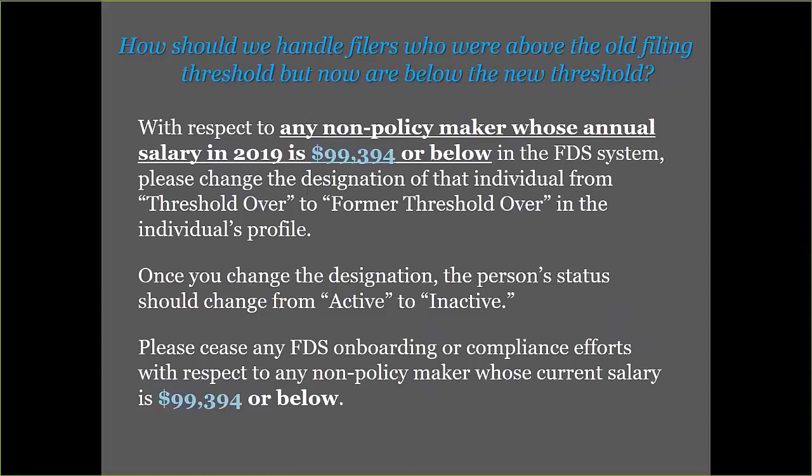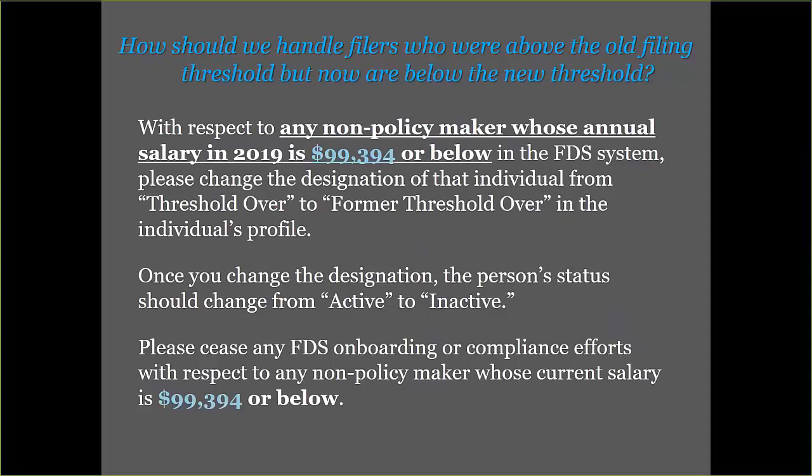All right, so how should we handle filers who were above the old filing threshold but are now below the filing threshold? And this is what I just mentioned. The new filing threshold as of April 1st will be 99,394. So if you have threshold filers who fall below that threshold, you're going to change their designation to a former threshold filer.